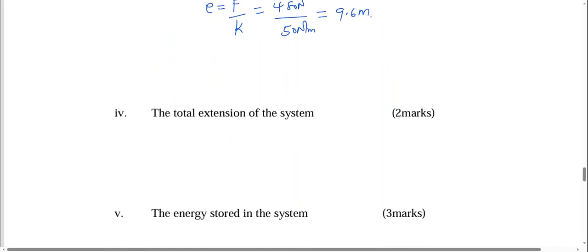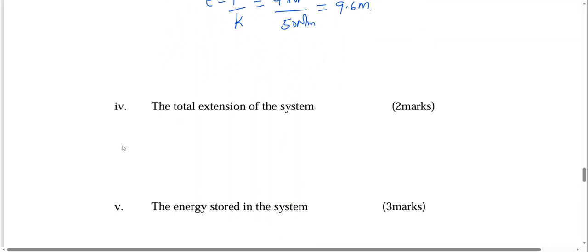Then the total extension of the system. For you to get the total extension of the system, you sum all the extensions from the above.